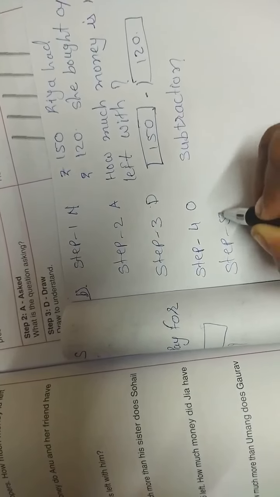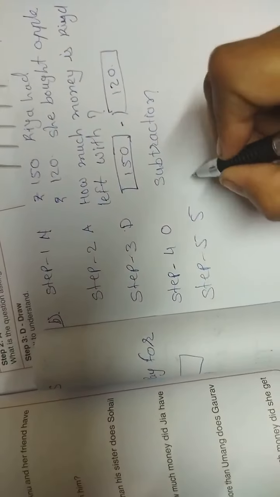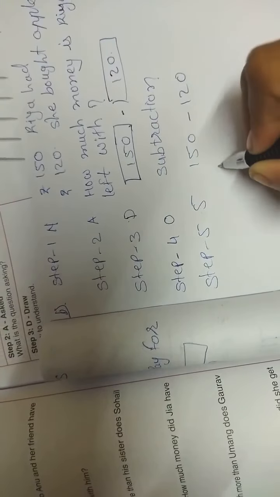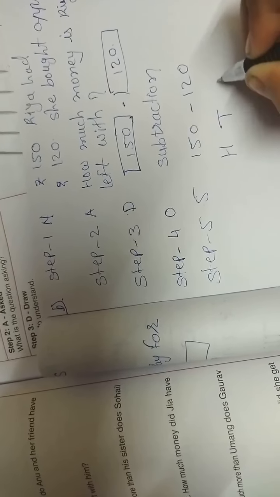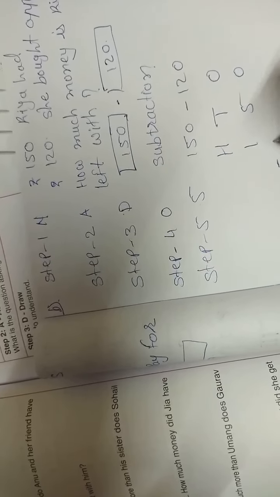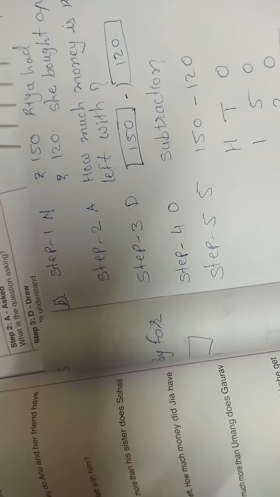Step number 5 is the solution. So 150 minus 120. Here we have to write hundreds, tens, ones. 0 minus 0, 0. 5 minus 2, 3. 1 minus 1, 0.